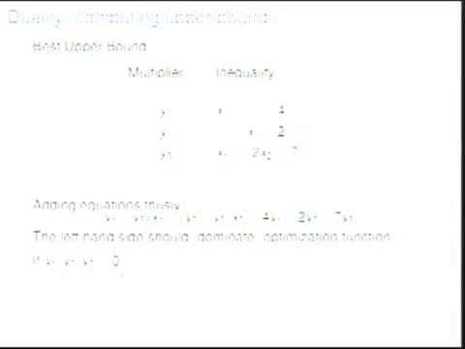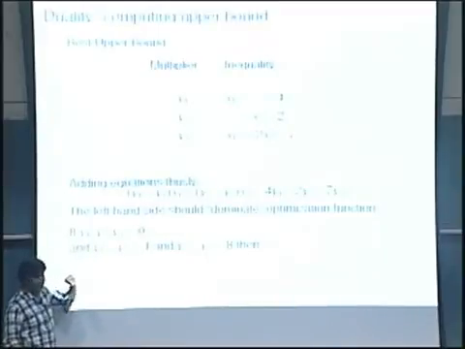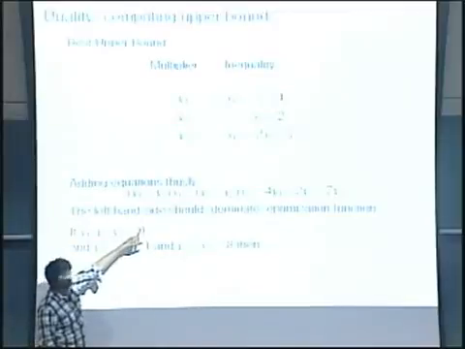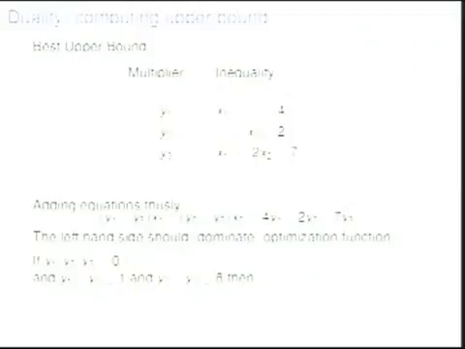So we wanted y1 plus y3 to be at least 1, the coefficient of x1 in the optimization function, and y2 plus 2 times y3 to be at least 8, the coefficient of x2.